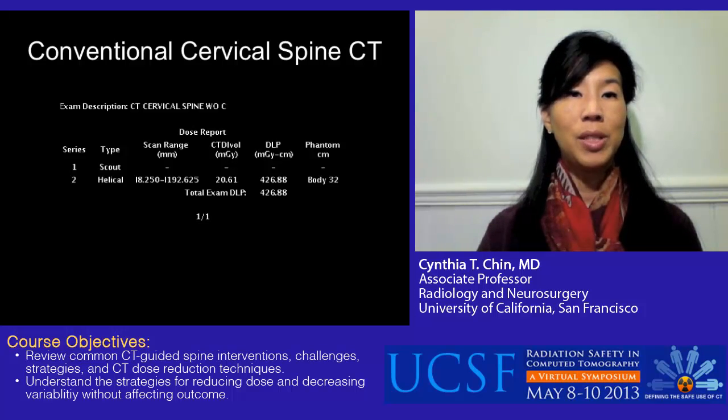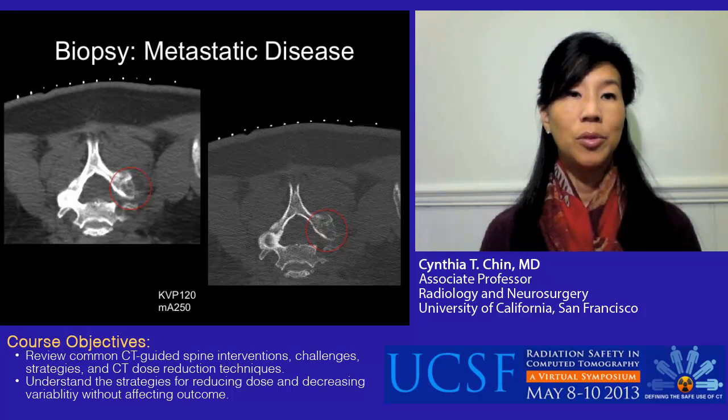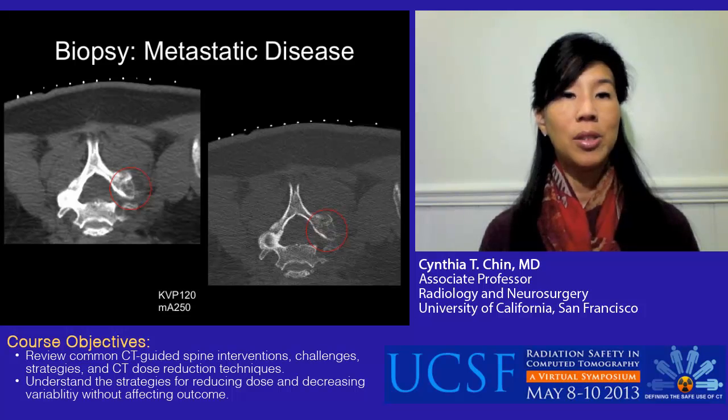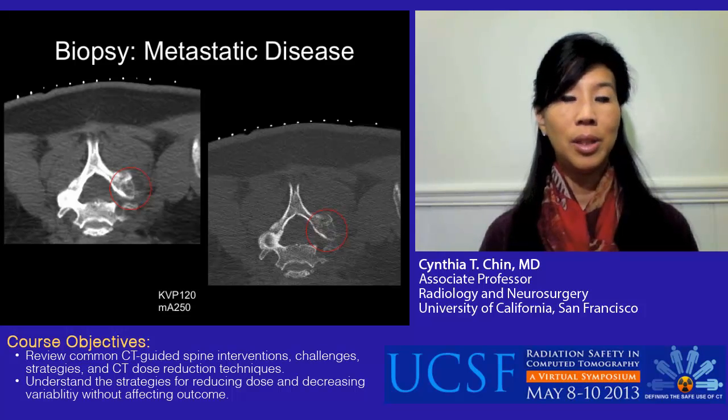With the knowledge from these outside images, we could target our specific level during our scout phase, and we lowered the MA to 250. And yet the image quality is still high, and we were able to see the pathologic involvement at the level of the facet.